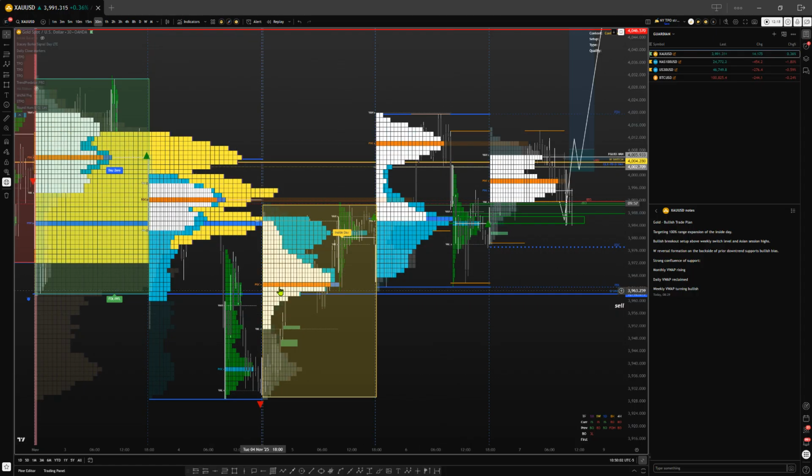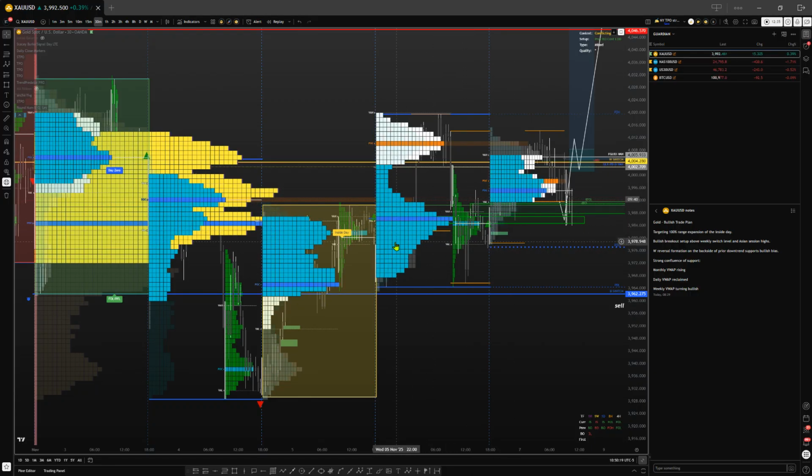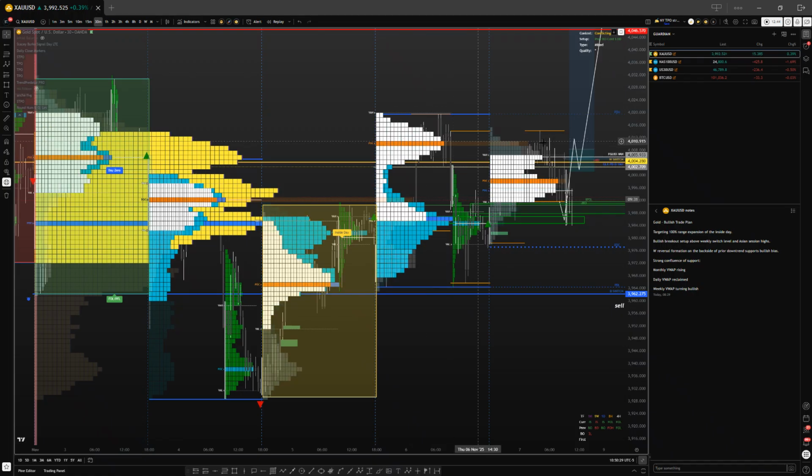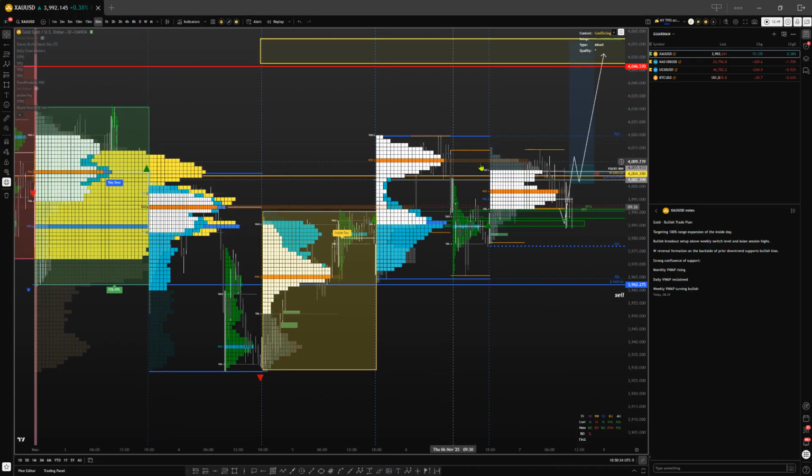The value, buyers are paying higher prices, at least on the developing profiles. Not up here, however. But if we do get on the outside, I've got a bullish setup for today with gold.